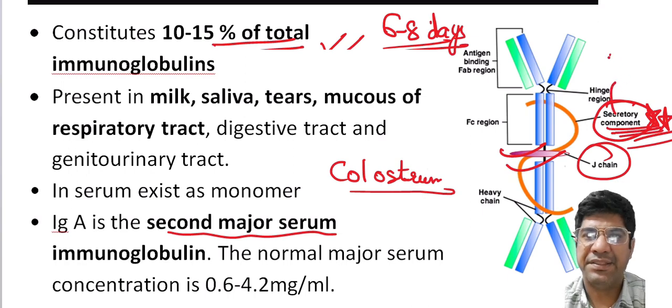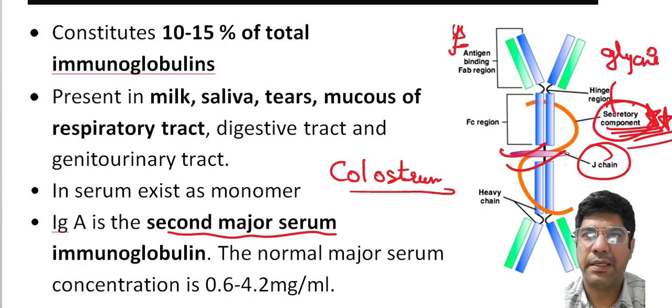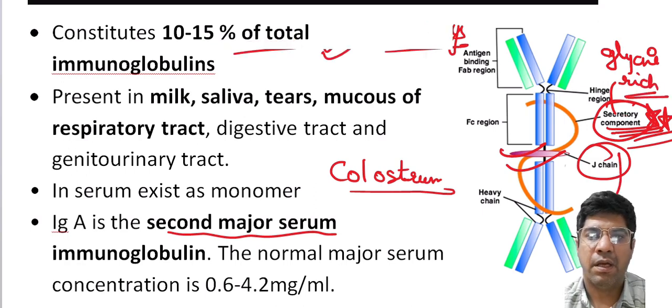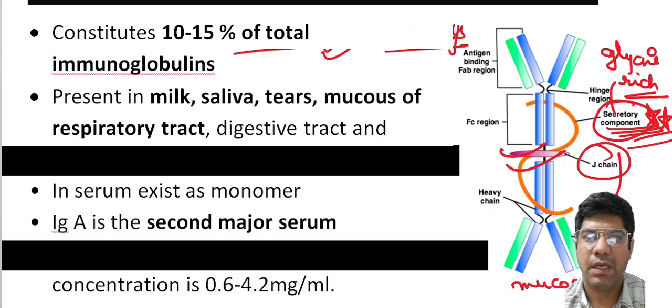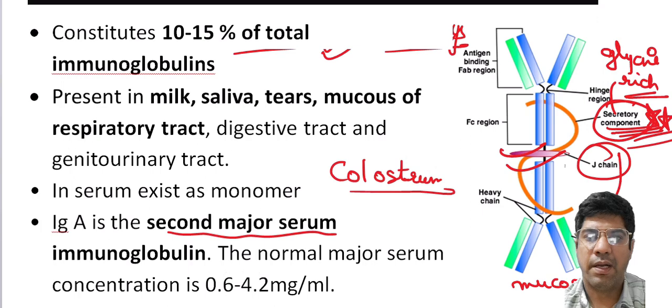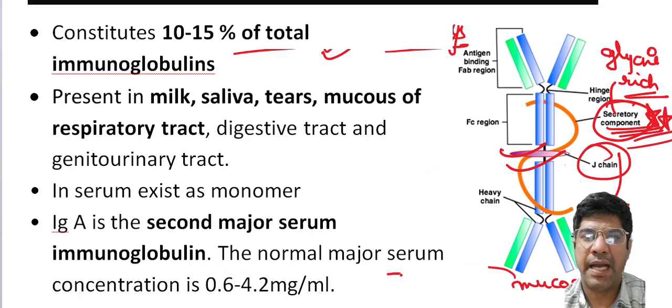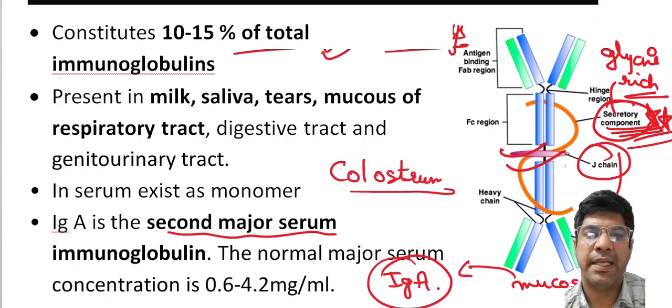This component is produced by the mucosal or glandular epithelial cells and protects IgA from denaturation by bacterial proteases such as those in the intestinal mucosa.